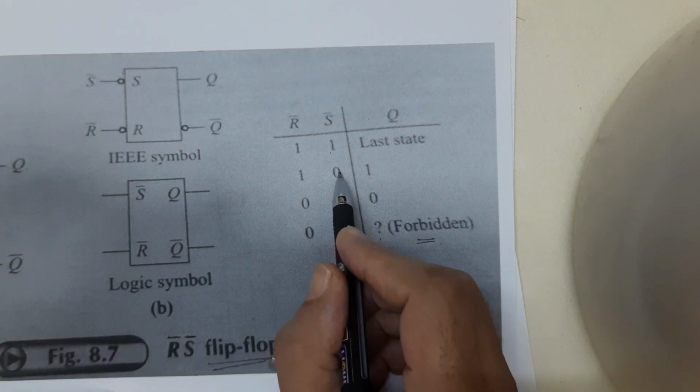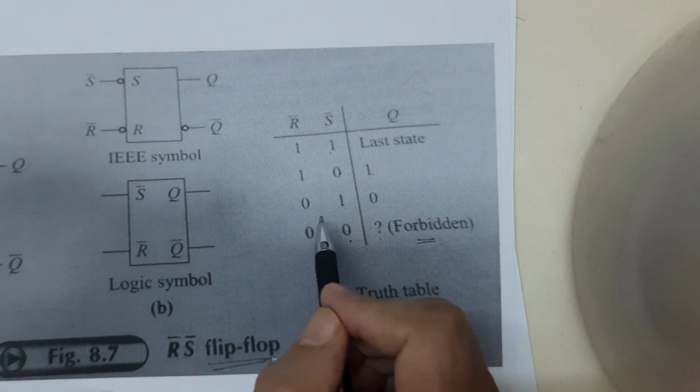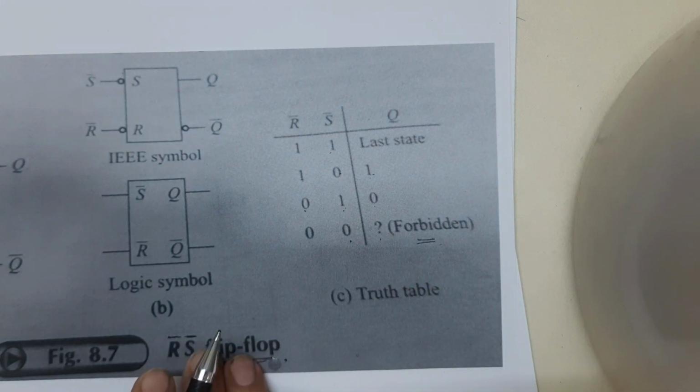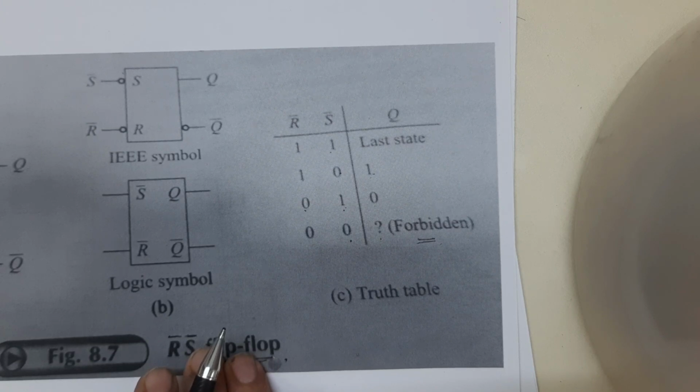When both R bar and S bar are high, the flip-flop will remain in its previous state. Setting both R bar and S bar low simultaneously is forbidden, since this forces both Q and Q bar high.